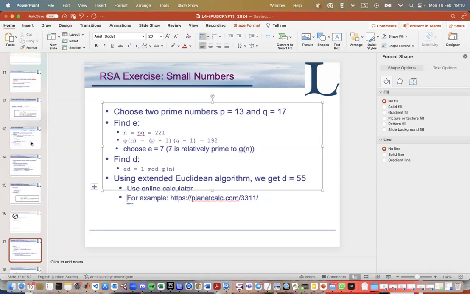So you need to follow the steps of the algorithm, understand what is used in different parts, and when you're asked to find, for example, D given some number E, then you can use this calculator.